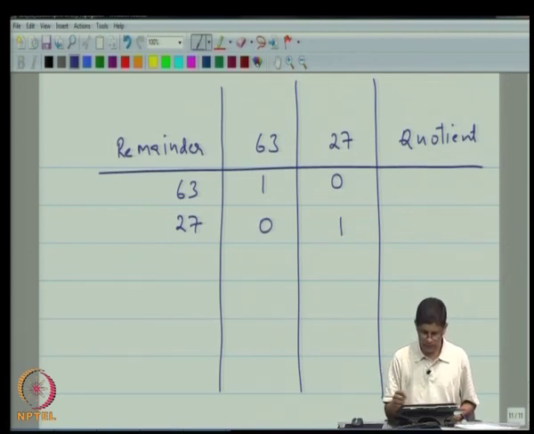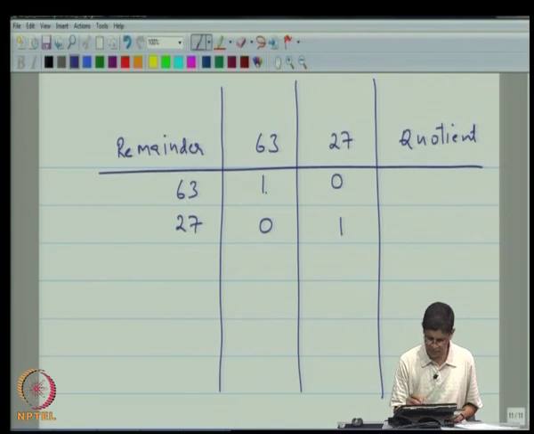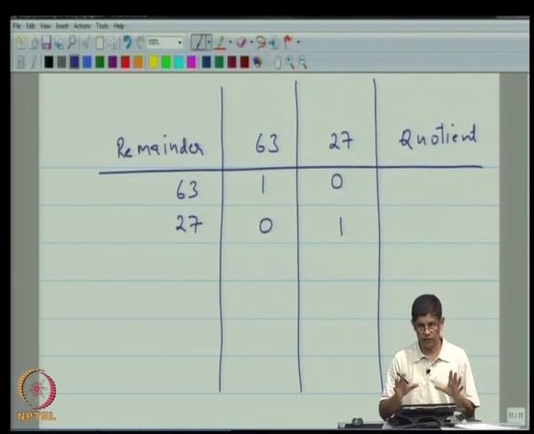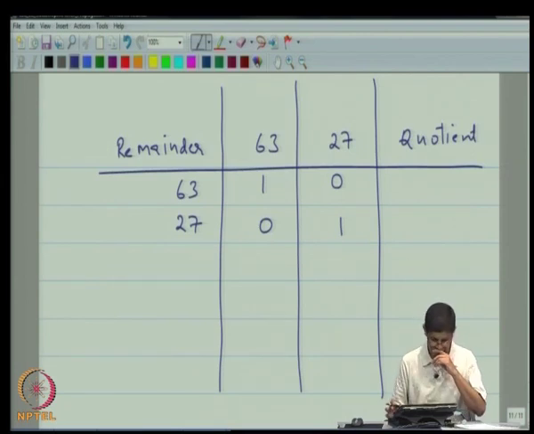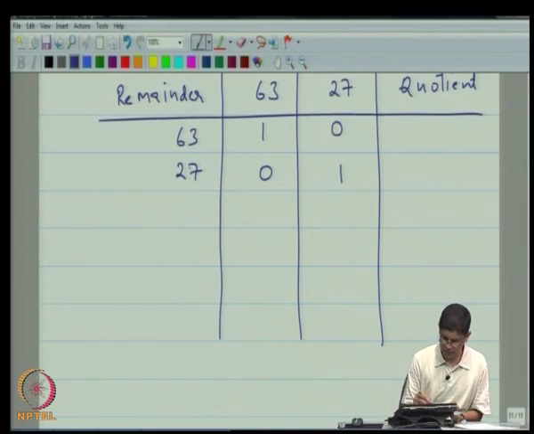Now, the interpretation here is that 63 is 1 times 63 plus 0 times 27. 27 is 0 times 63 plus 1 times 27. You can think of this as very similar to working with an Excel spreadsheet where you have some formulae. Now, to compute the GCD, what we did was we kept on dividing and keeping note of the remainder.